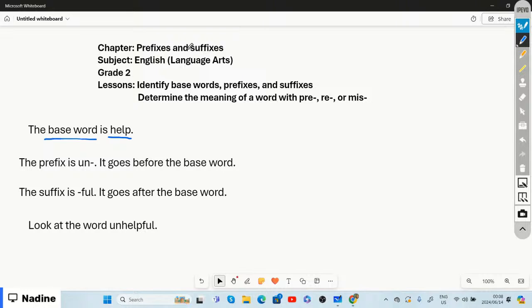So the base word is help, and help means that you're doing something for someone.